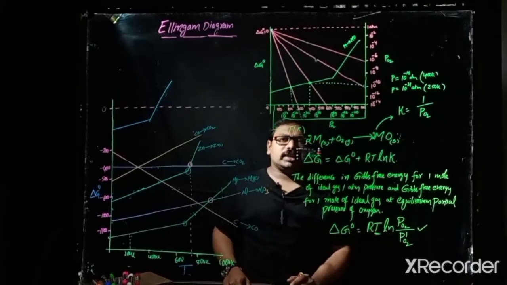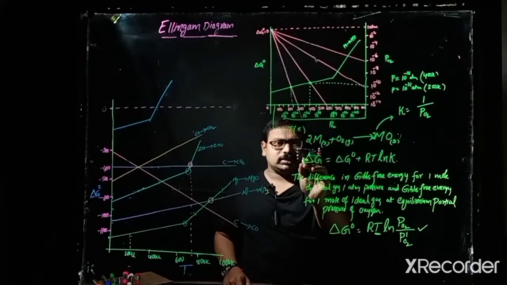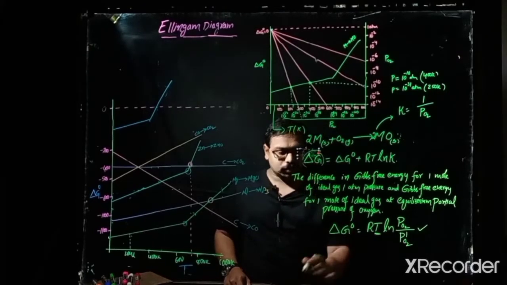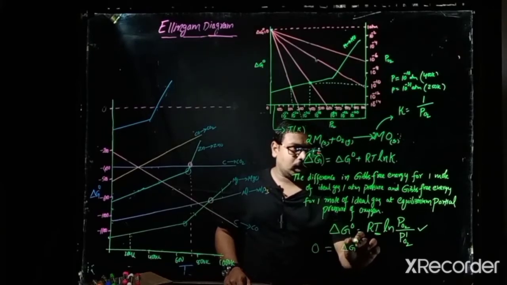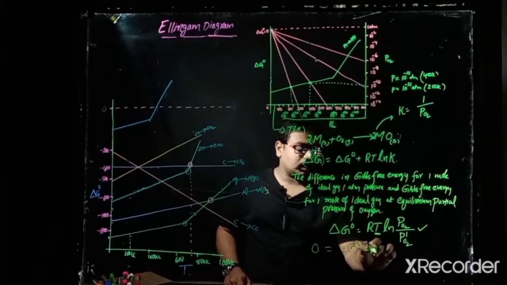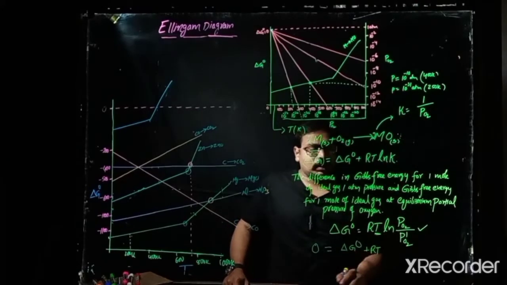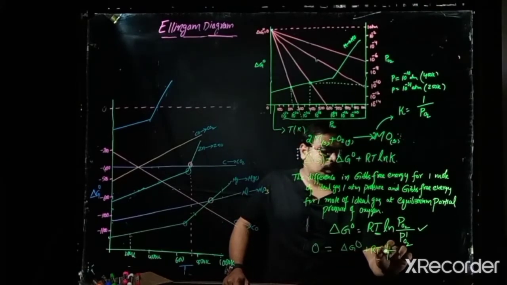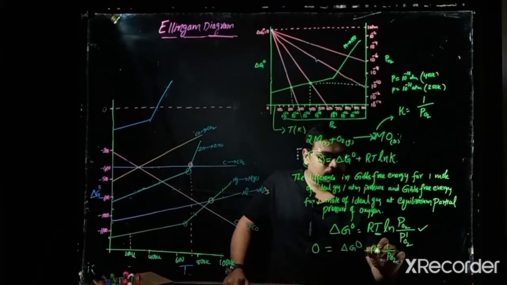So delta G at equilibrium will be taken as 0. This delta G term will be taken as 0. So delta G naught plus RT, where K is 1 by the partial pressure of oxygen, so ln will be there.